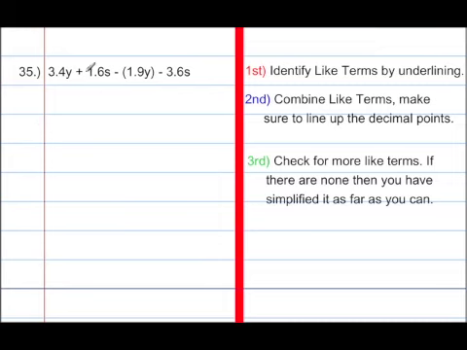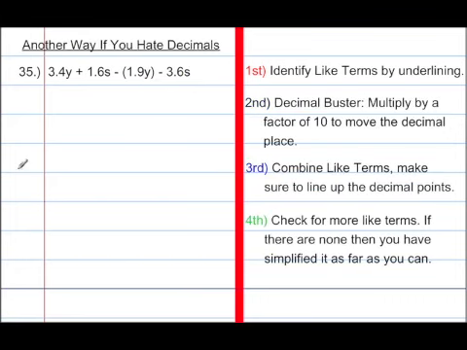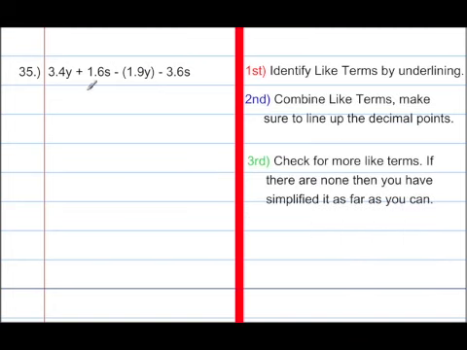So 3.4y plus 1.6s minus 1.9y minus 3.6s. So let me skip to the next slide, because we're going to just go straight to how to get rid of these decimals. So if you wanted to do this one, you would have had to identify your like terms, and then you would have said 3.4y, 1.9y, and we have to line up our decimals.